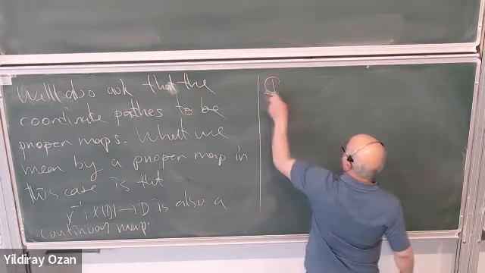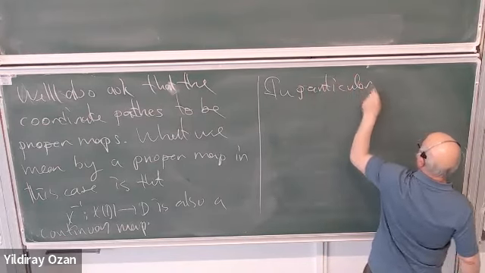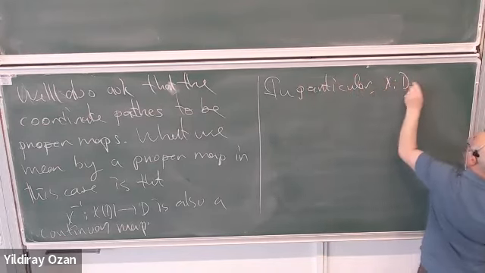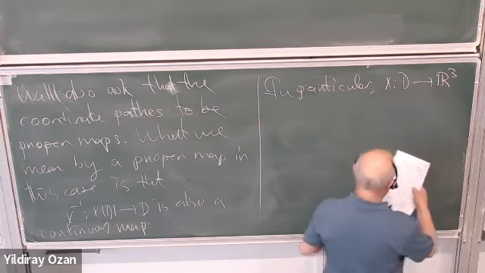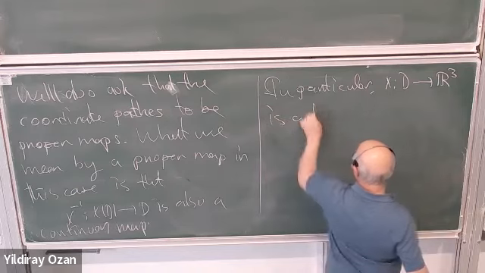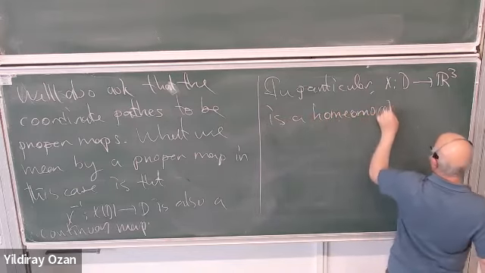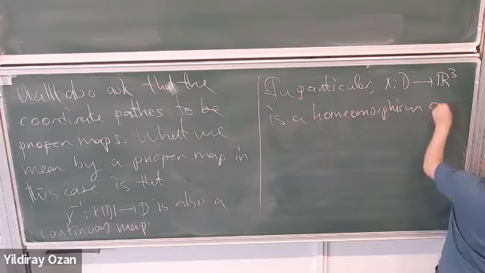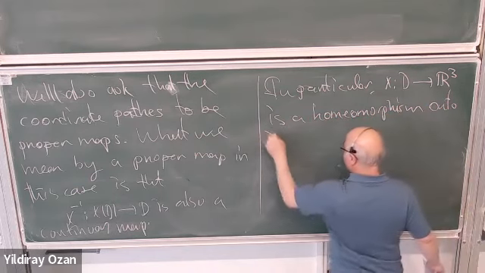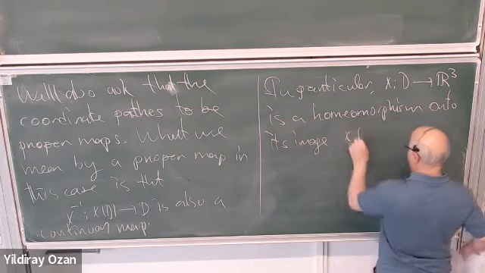In particular, X from D into R3 is a homeomorphism onto its image X(D).